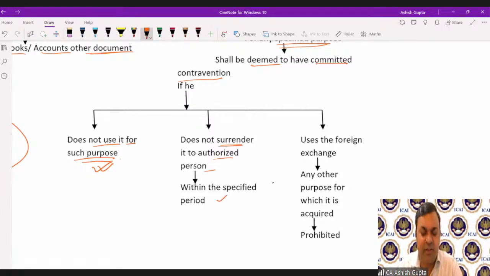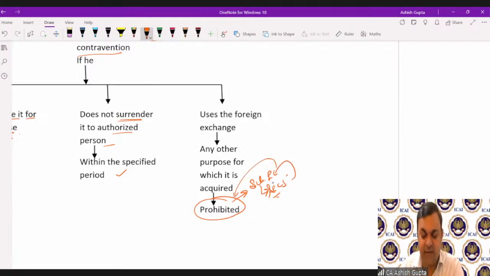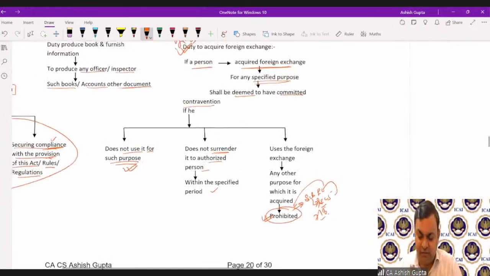In that case, you need to surrender the remaining amount with the authorized person, but you failed to surrender it, or you used it for a purpose that is prohibited. Section 5 of Schedule 1 prescribes 7 to 8 kinds of current account transactions for which foreign exchange is prohibited, and you used the foreign exchange for that specific purpose. So the law has prescribed that a contravention will happen.